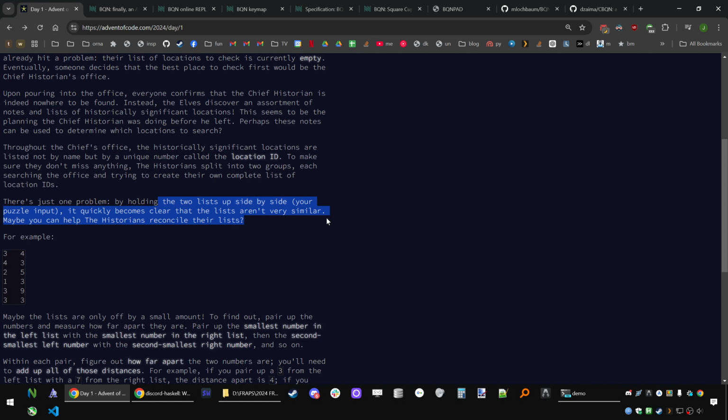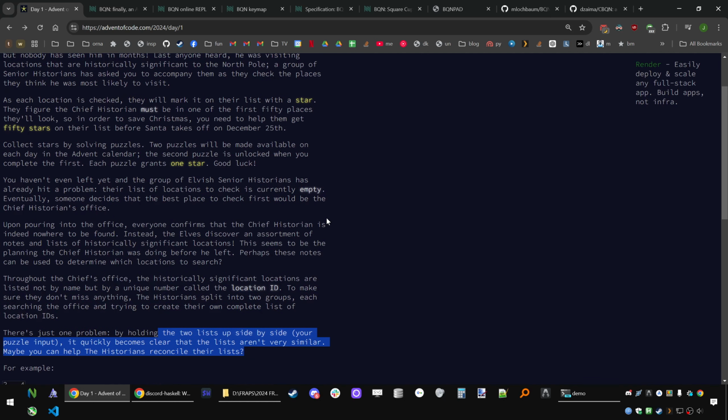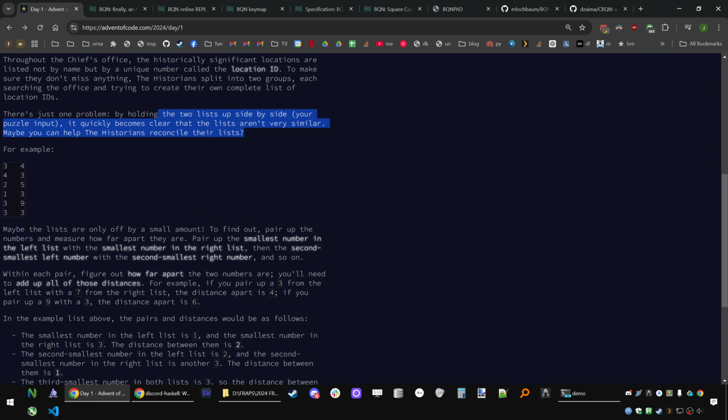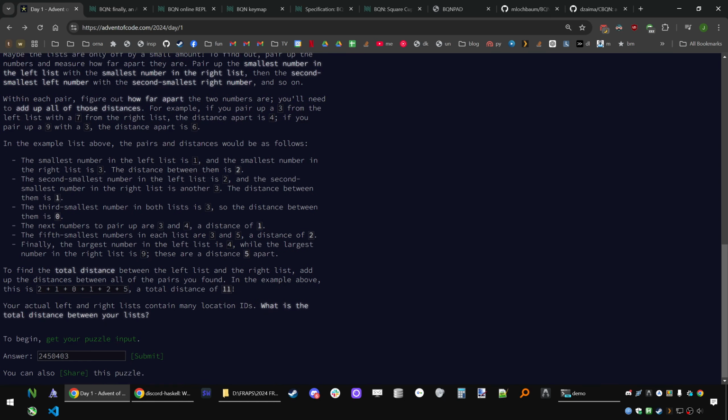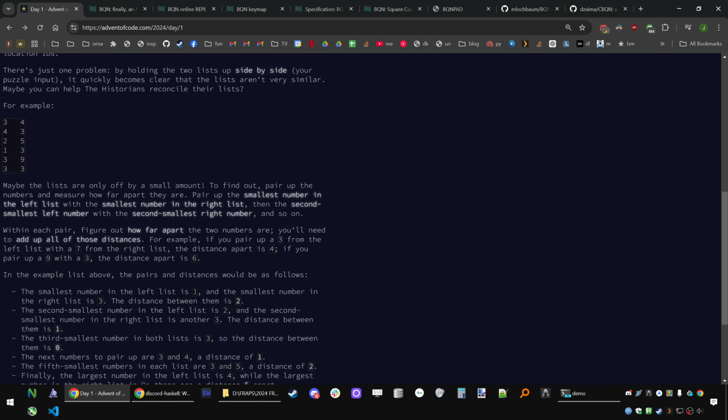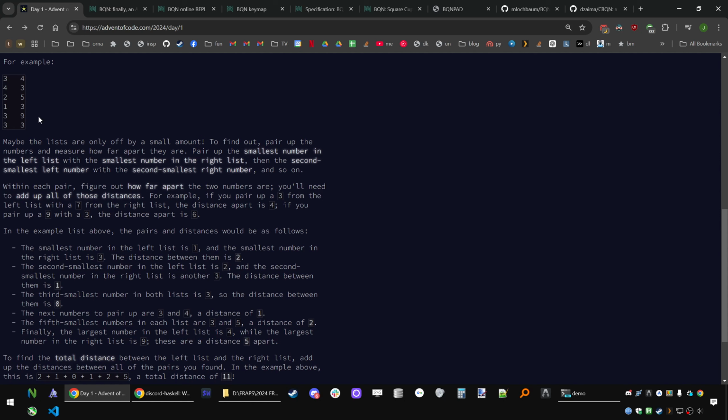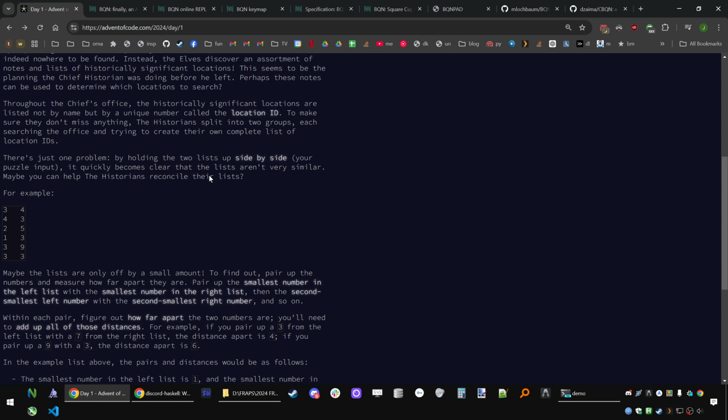I'm trying to see. What is the warning here about the number? Your actual input contains many location IDs. Is that just because the sample has many elements, or is there some hidden list here?